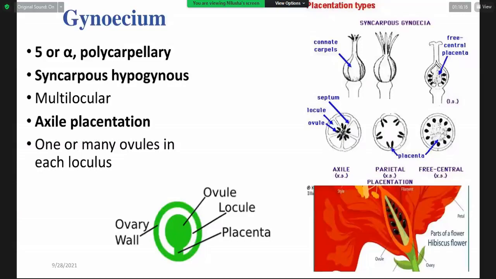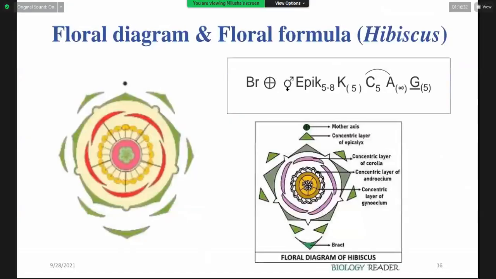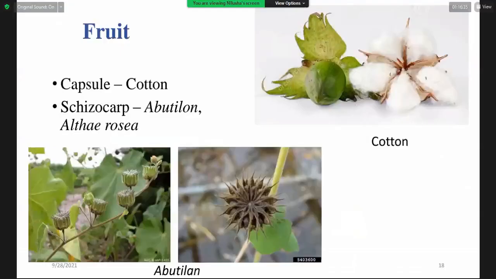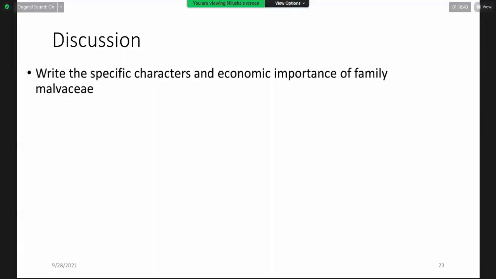Do you have any clarification? You can ask in discussion. You want to write the specific characters of the family Malvaceae, and you want to refer to more economic importance of this family, and these parts you want to include in the discussion.